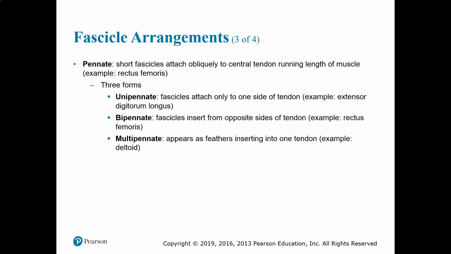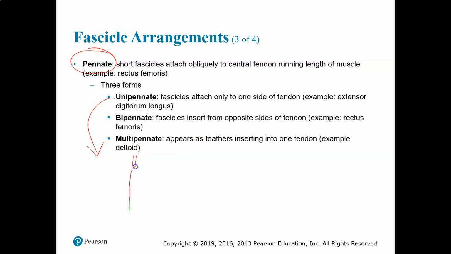And if you want to go over pinnate a little bit more, they are short fascicles that attach obliquely to a central tendon running the length of the muscle. Unipinnate only attached to one side of the tendon. So the extensor digitorum longus is kind of like this, okay? I can't draw very well, but this is the muscle.